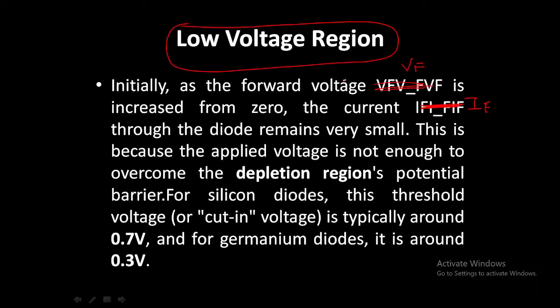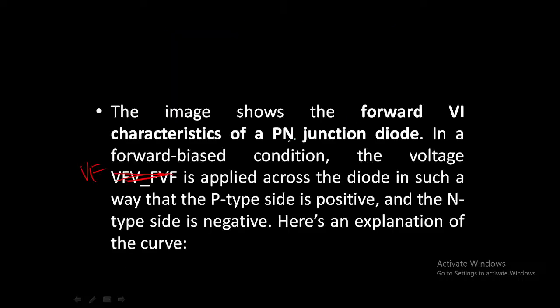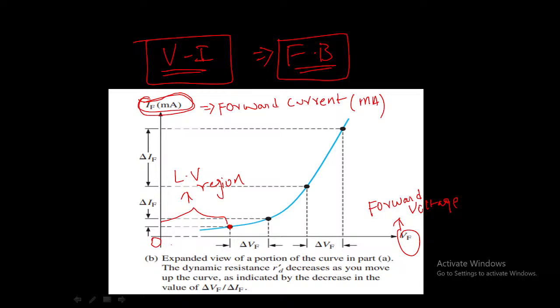Initially, as the forward voltage VF is increased from 0, the current IF through the diode remains very small. Here we can observe the voltage is increasing from 0 to a particular point, and the current is also increasing from 0 to some point exponentially.